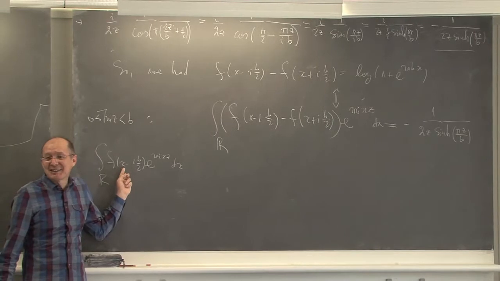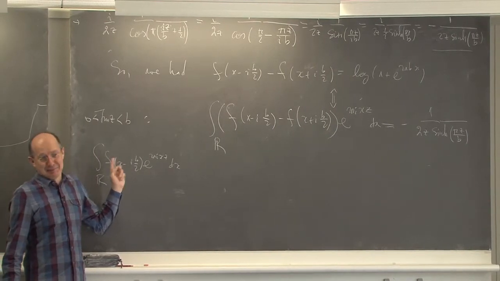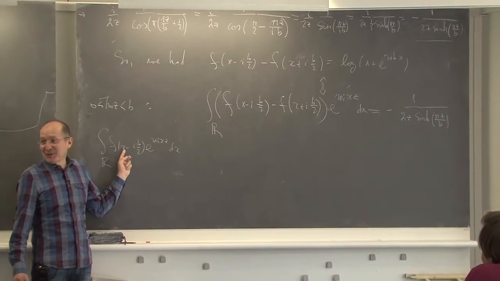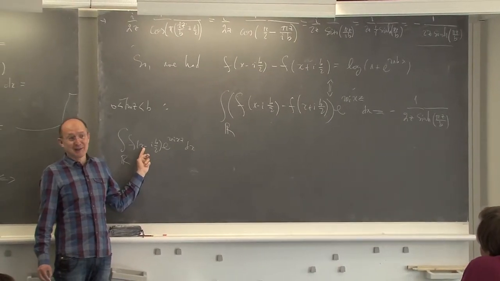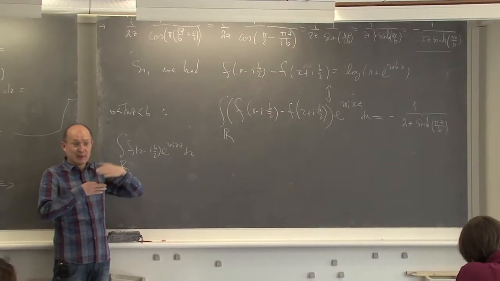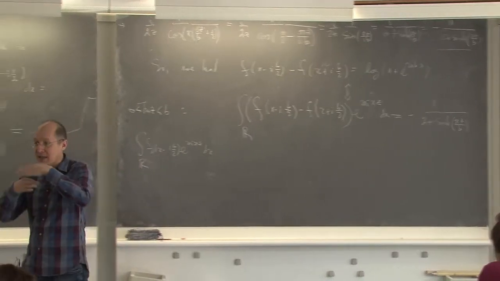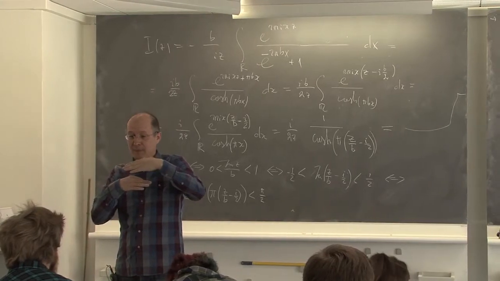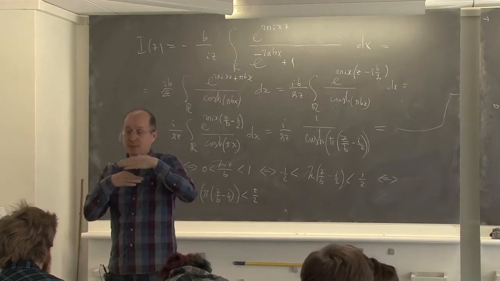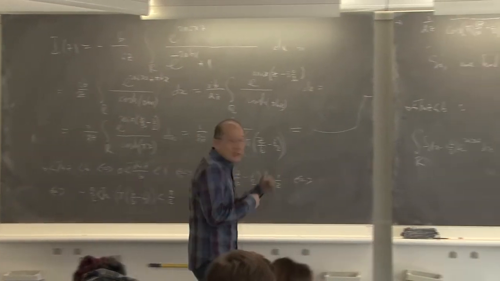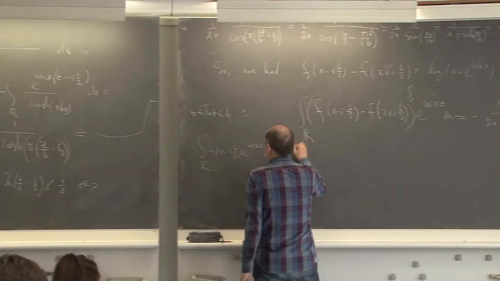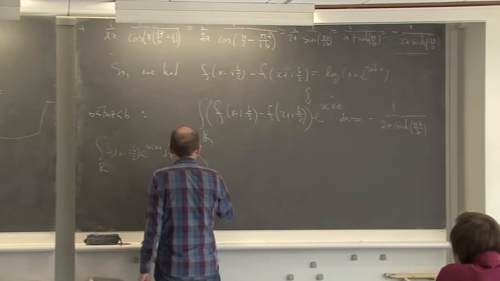Using this analyticity, we can shift the integral. Now we have used the fact that our f is analytic in the upper half strip. And using this, we shift our integral. So this is the same as R.